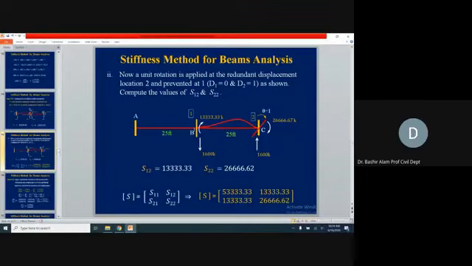Now S12 will become 143.33, so here we write it. And S22 will become equal to this number which is written here. So this is 667, so this should also be 667. It's not 62, it is 667.